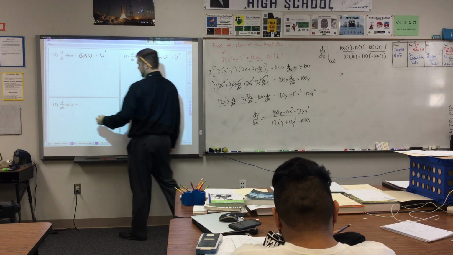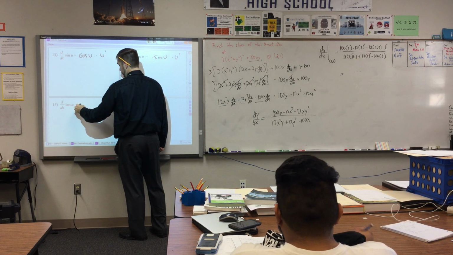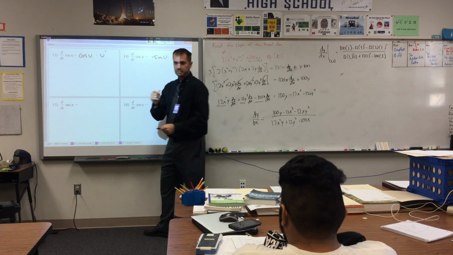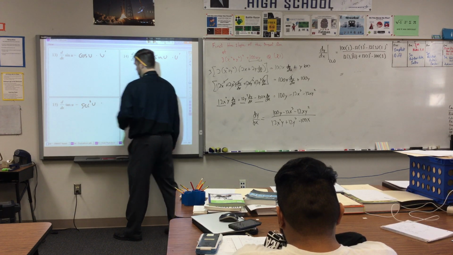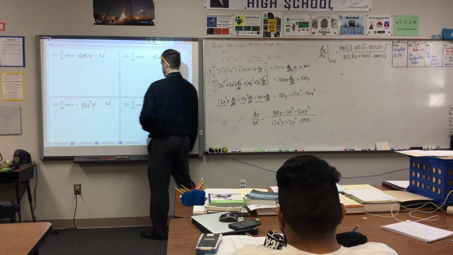Tangent u. It's tangent. That's why we're having to do it, so that you are super fast on the draw here. Secant squared u times u prime.